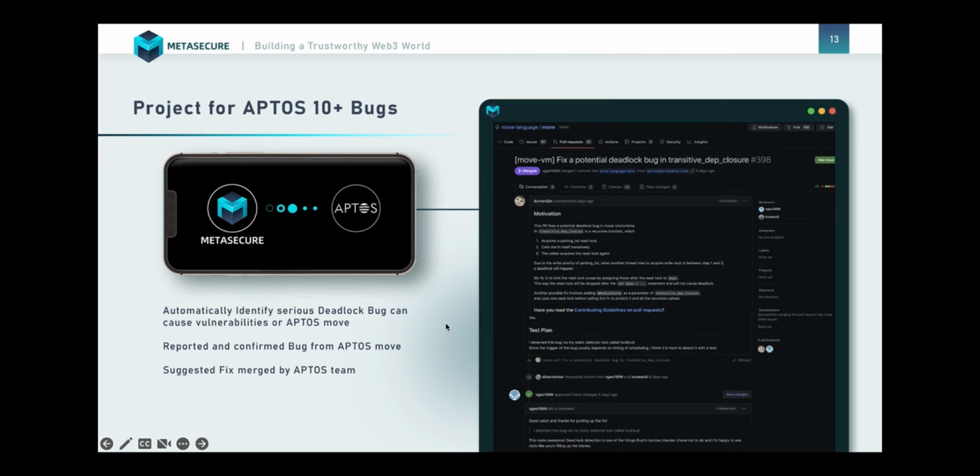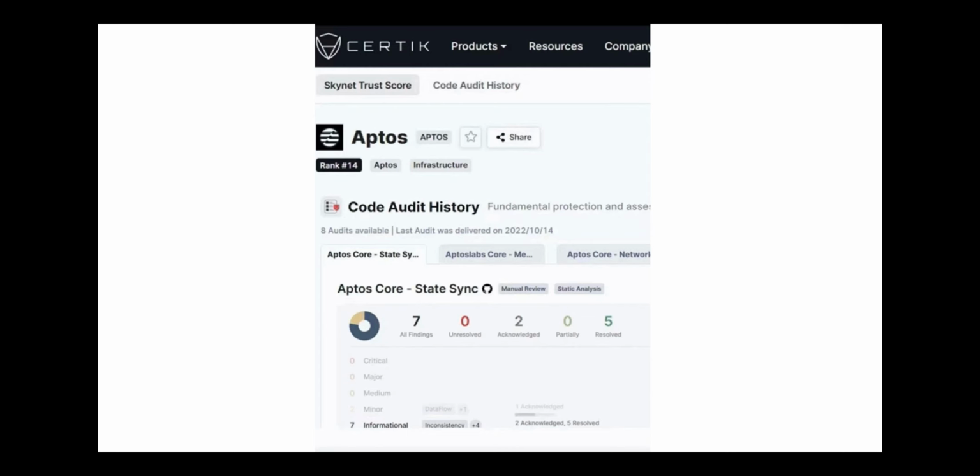And we recently identified several issues in the Aptos Rust implementation. This is one of the issues that we submitted on the official Aptos website, in their Move language. Today I'm going to start with this.